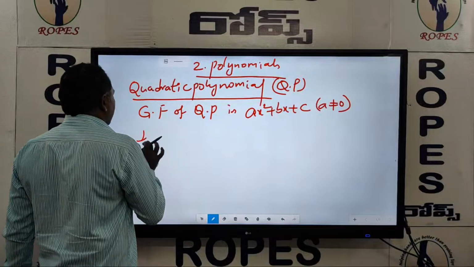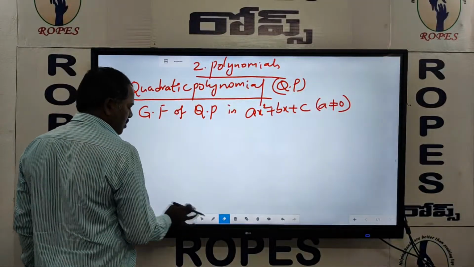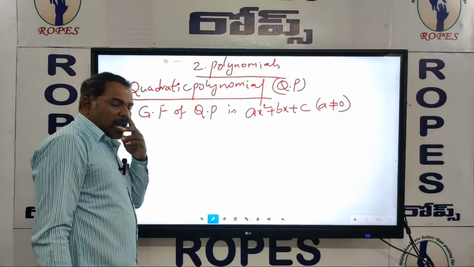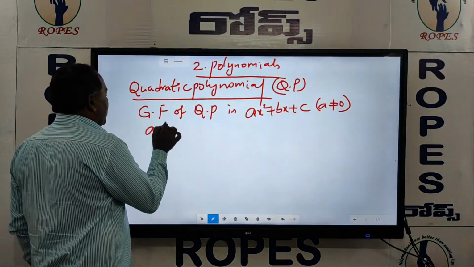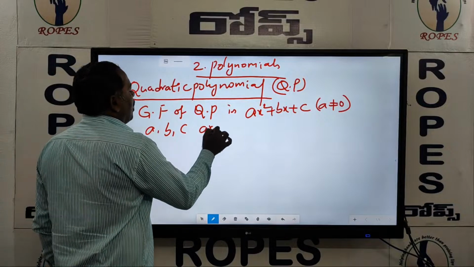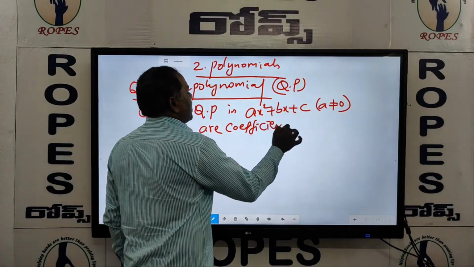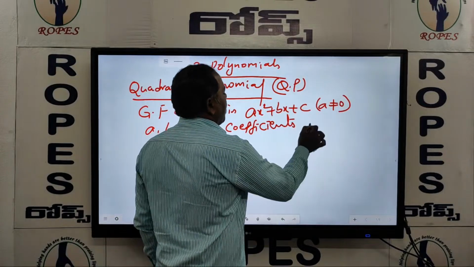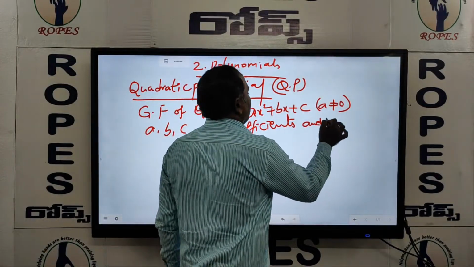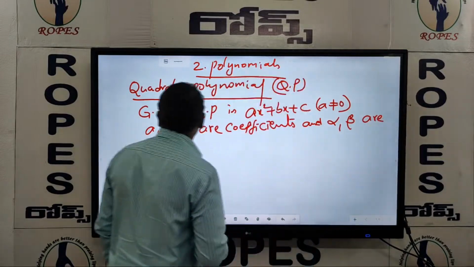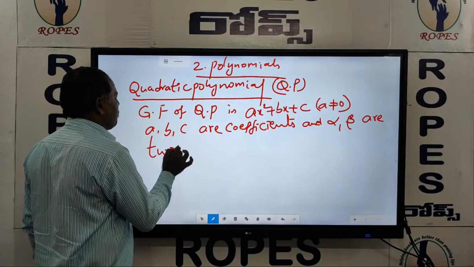Here ax square plus bx plus c is a quadratic polynomial and a, b, c are coefficients, and alpha beta are two zeros.